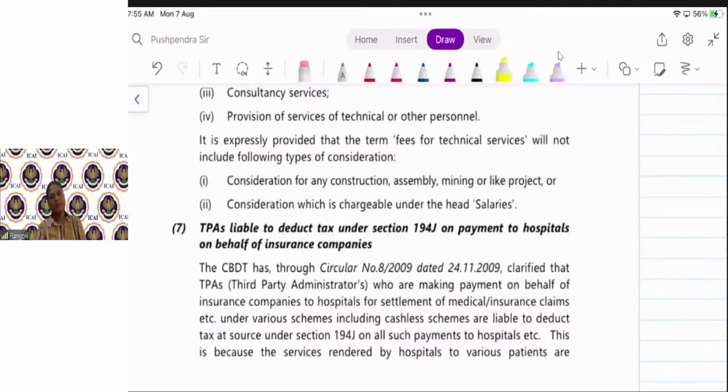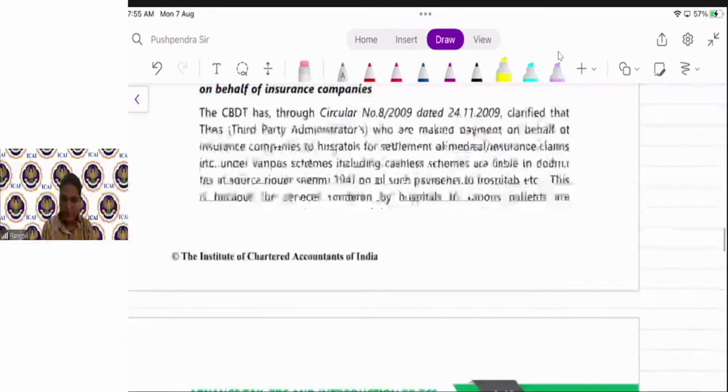So the insurance company will appoint the TPA, that is the third party administrator. They will make the payment on behalf of the insurance company to the hospitals. So when TPAs are making payment to the hospitals, then the TPA is required to deduct TDS under section 194J, because the hospital provides various medical services to the patients.